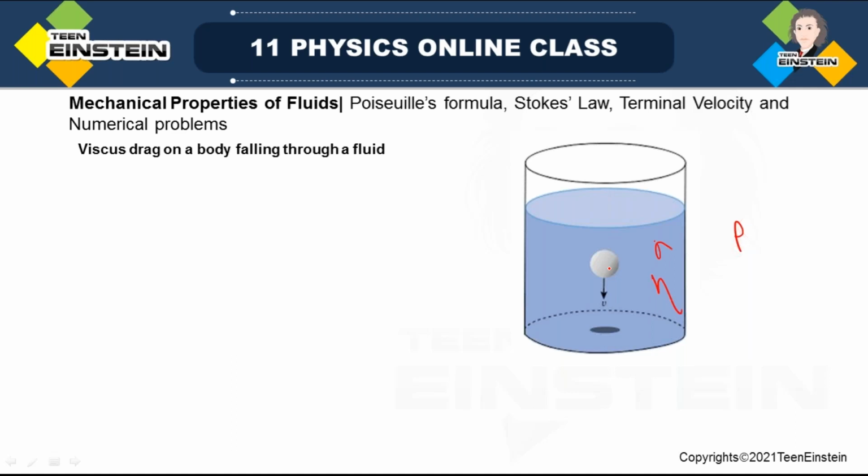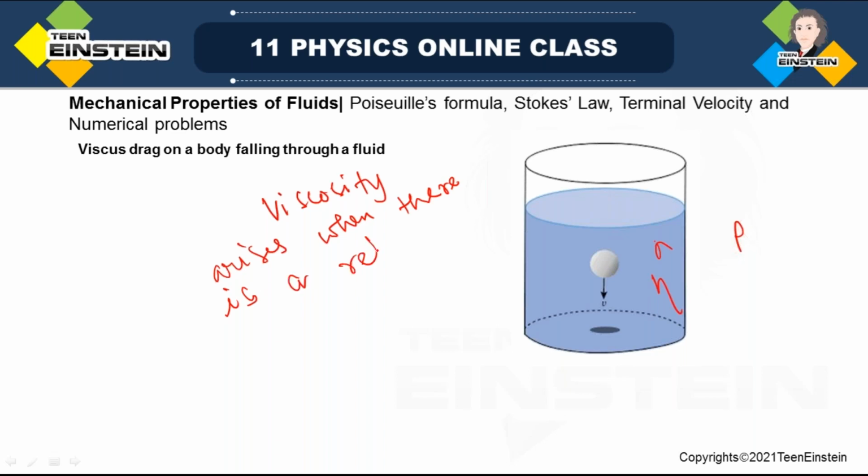Those details were given by Stokes, so we'll learn what Stokes law is. First of all, we have to understand how the viscosity arises, because the fluid is actually not moving. We have seen that viscosity arises when there is relative motion between the layers.